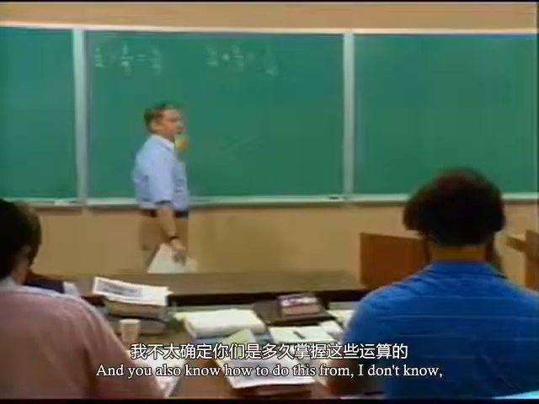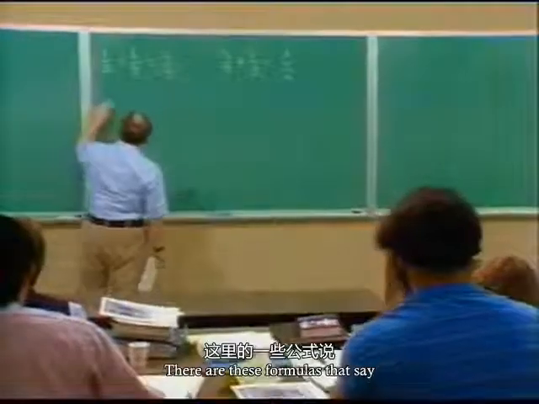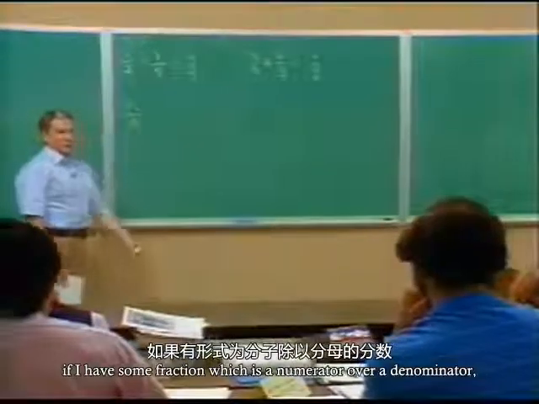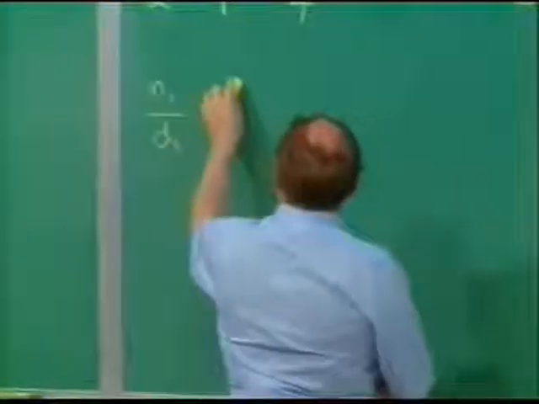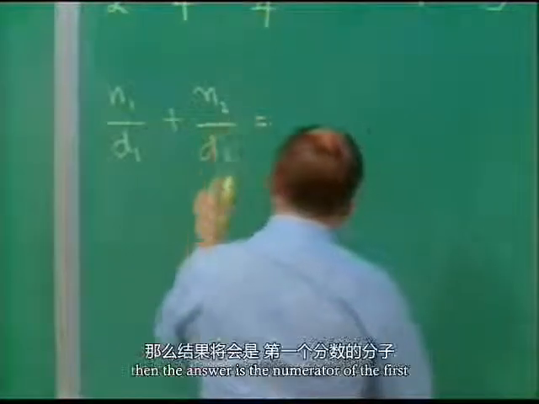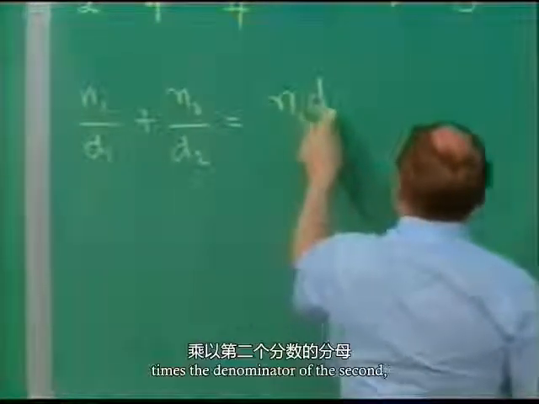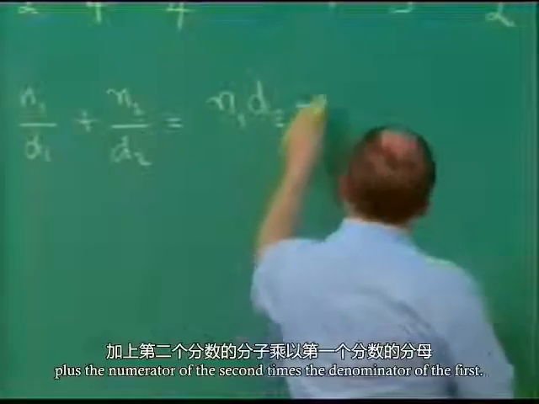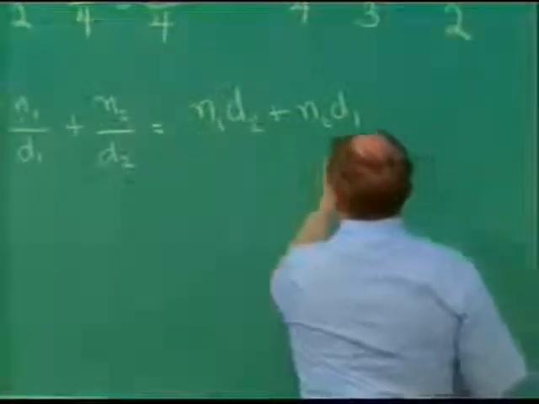And you also know how to do this from, I don't know, 5th grade or 6th grade. There are these formulas that say if I have some fraction, which is a numerator over a denominator, and I want to add that to some other fraction, which is another numerator over another denominator, then the answer is the numerator of the first times the denominator of the second plus the numerator of the second times the denominator of the first.